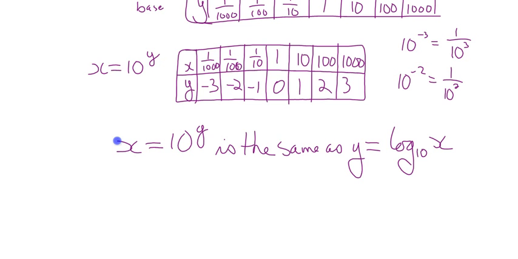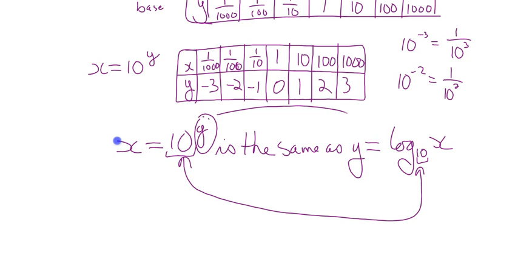Now, there's a base on this log, right? And remember what it is. If it's not written, then it's base 10. And here I did write it just because I want you to see. See this 10 and this 10? They're the same. See this y and this y? They're the same thing.